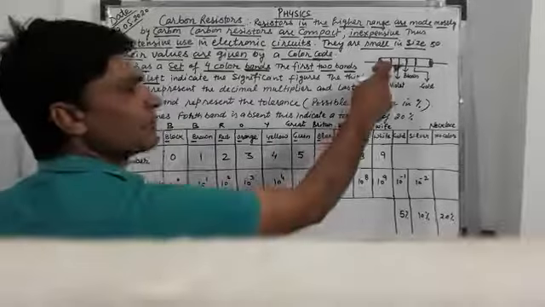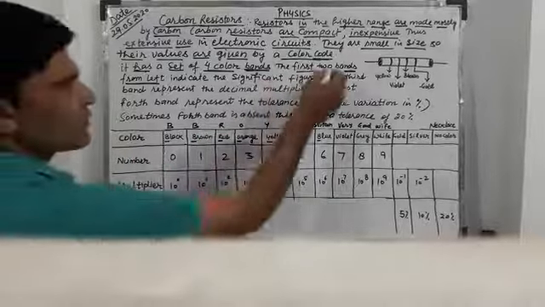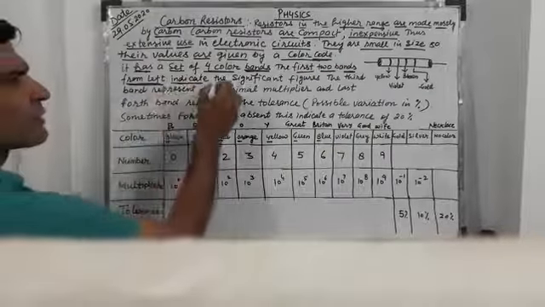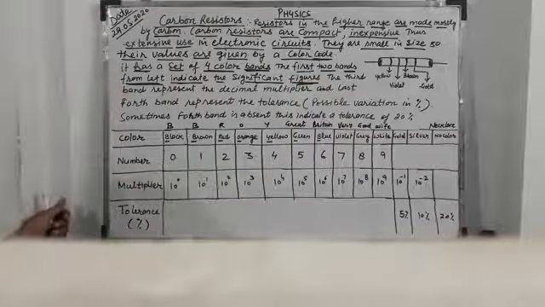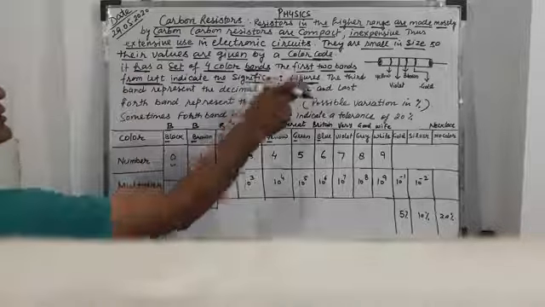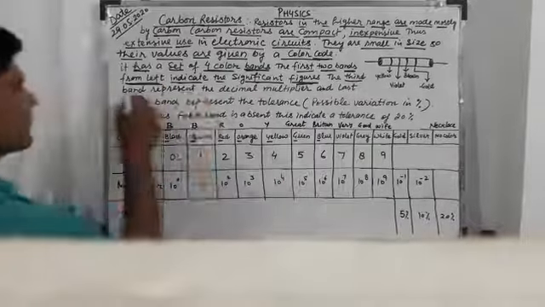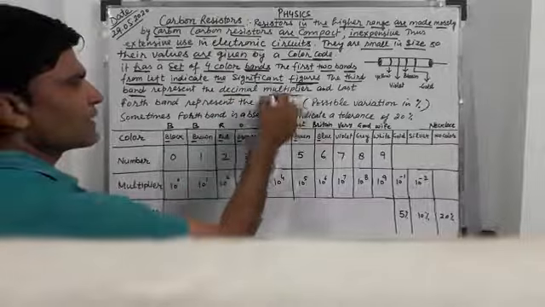We count the bands from left. The first two bands from left represent the significant figures. The third band represents the decimal multiplier.